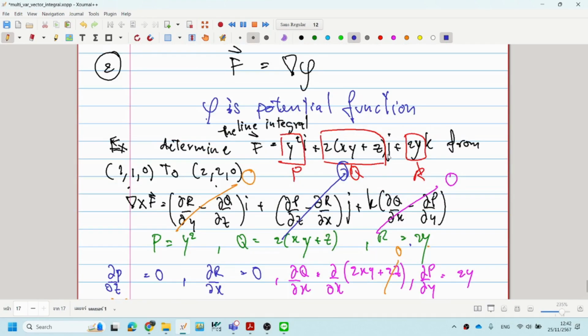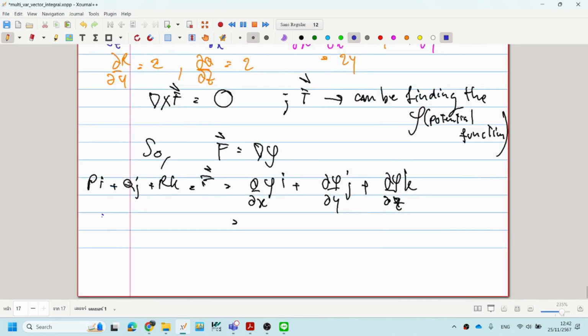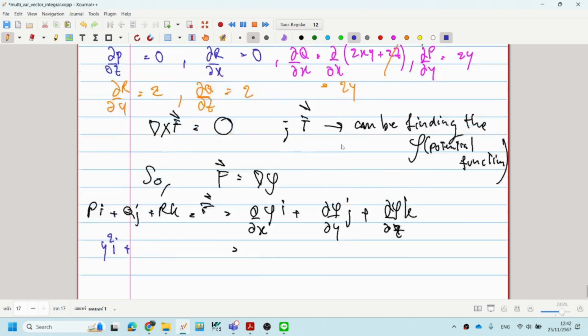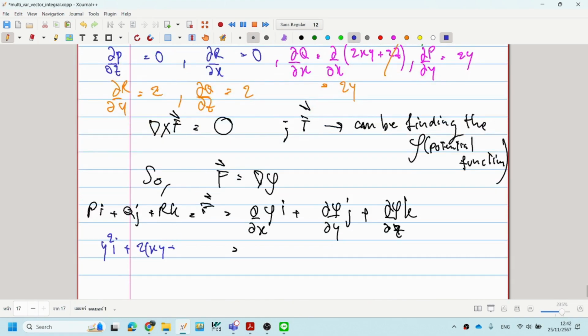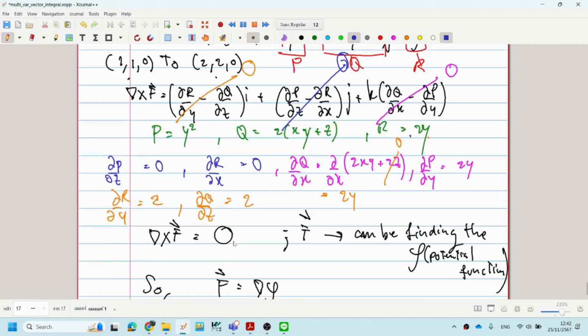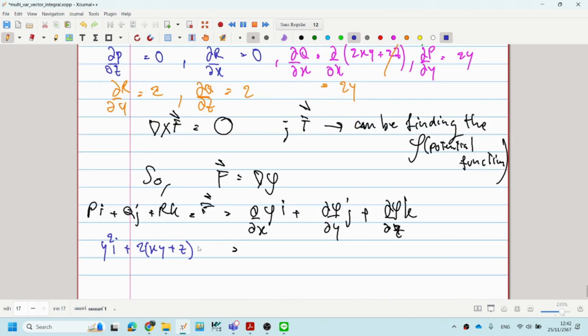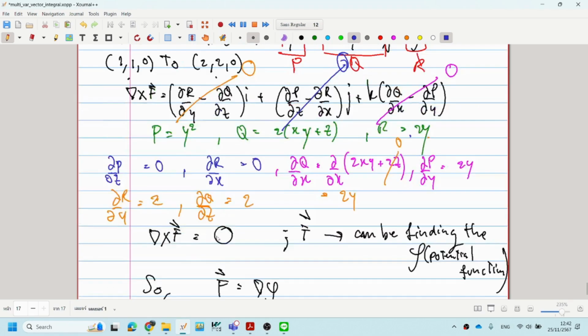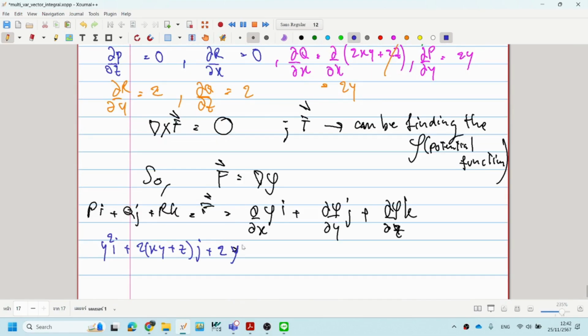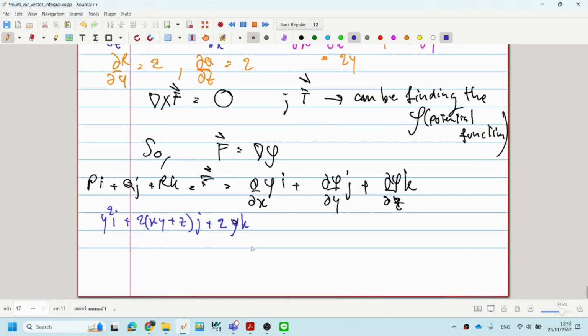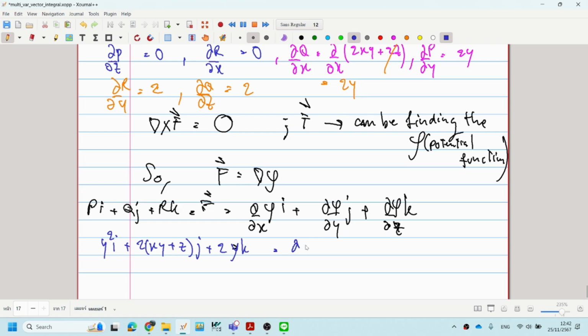I put in the problem the given function f vector, and the f vector comes to the right side: y² i plus (2xy plus z) j plus 2y k.